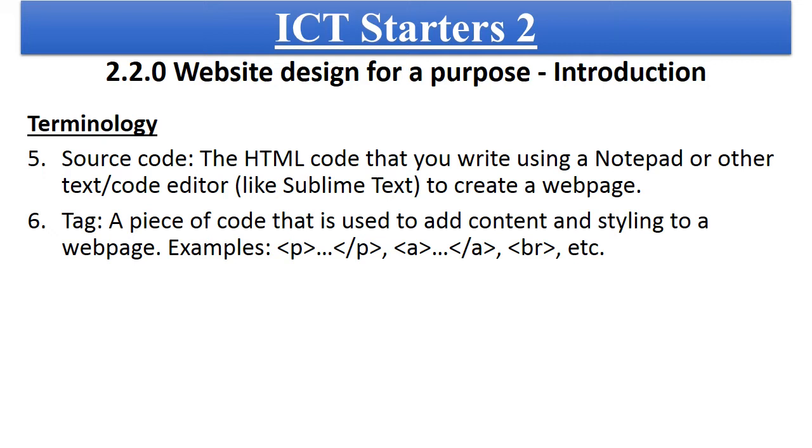5. Source code. Source code is the HTML code that you write using a notepad or other text or code editor like Sublime Text to create a web page. 6. Tag.